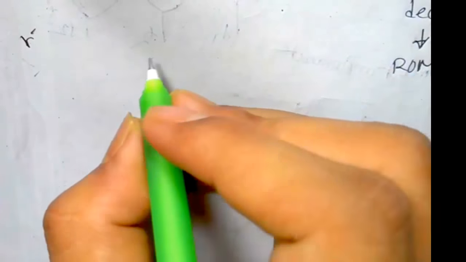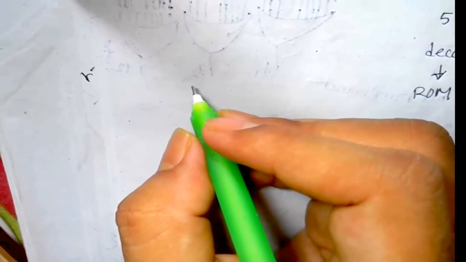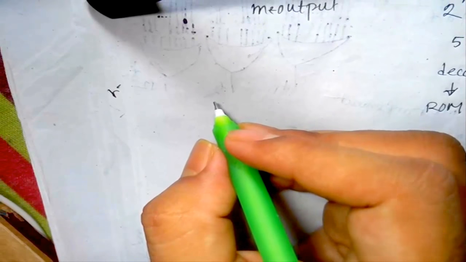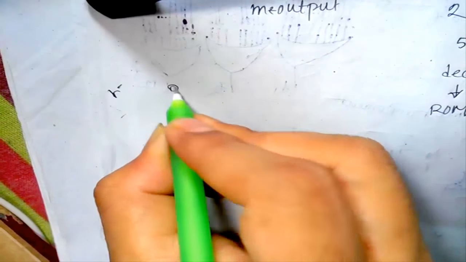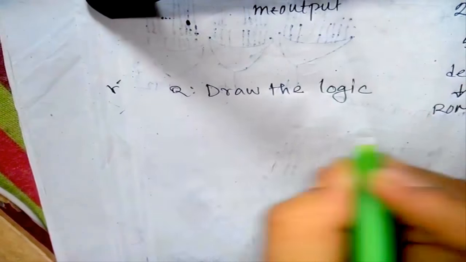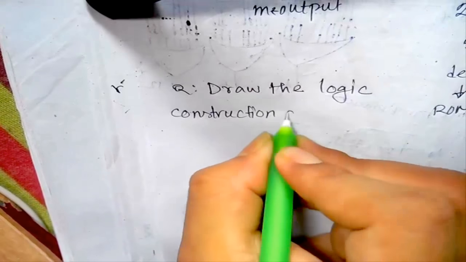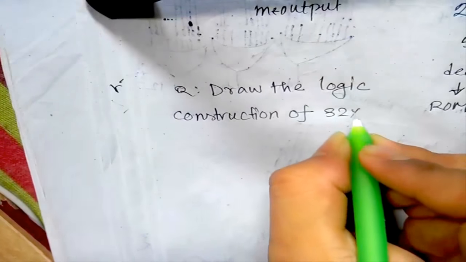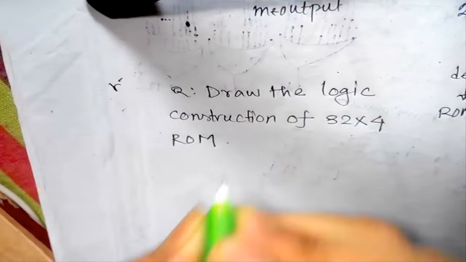Okay, now we want to see how a ROM is constructed with logic construction. So I'm going to read a question. Draw the logic construction of 32 into 4 ROM.